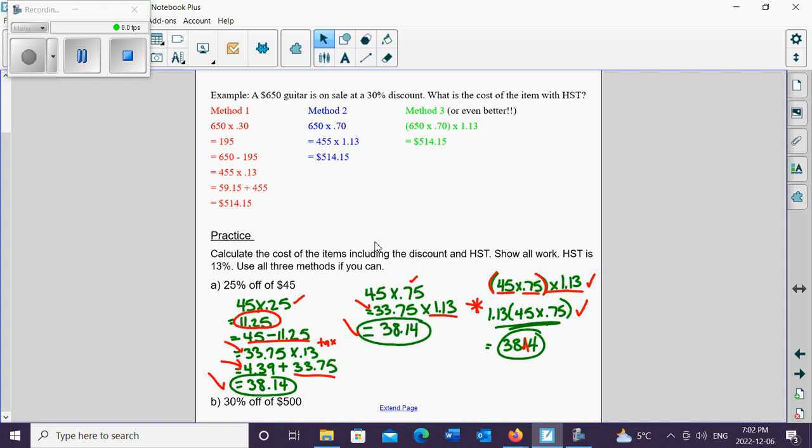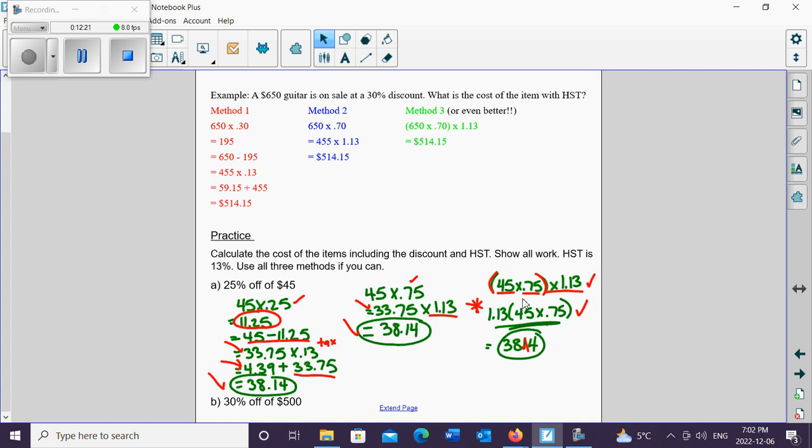The next one is this second method, and I just take it and multiply by decimal 0.75, which is 75% of the number, or 75% of the item, and then multiply by 1.13, and I get the same answer in half the steps. And then lastly is where you write it as one algorithm.